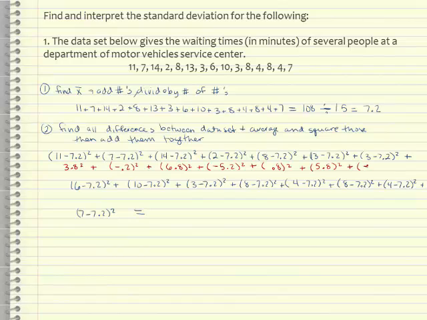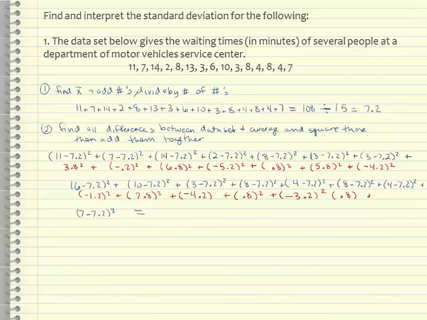3 minus 7.2 is negative 4.2. 6 minus 7.2 is negative 1.2. 10 minus 7.2 is 2.8. 3 minus 7.2 is negative 4.2. 8 minus 7.2 is 0.8. 4 minus 7.2 is negative 3.2.